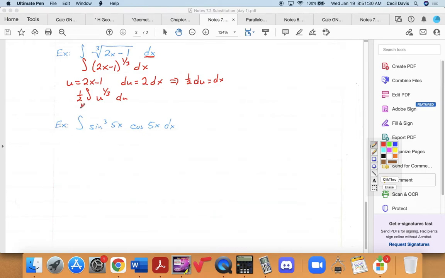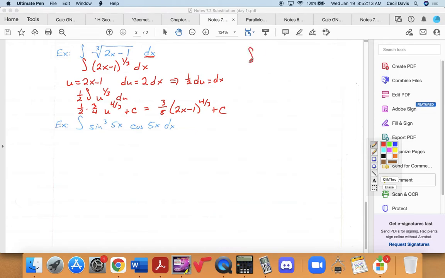So now we'll take the antiderivative. That'll be 1/3 times 3/4 of u to the 4/3 plus c, which is 3/8 of 2x minus 1 to the 4/3 power plus c. Again, you could do this just by undoing the chain rule.